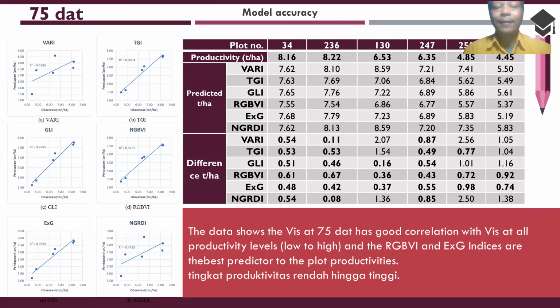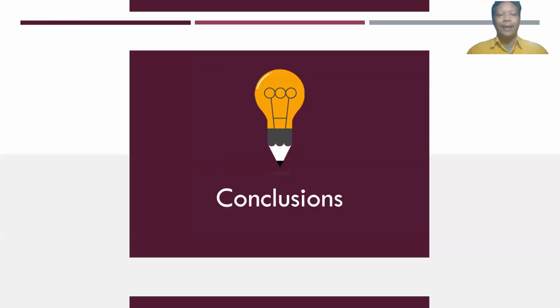And we find that at the crop age of 75 days after transplanting, the vegetation index can predict the crop productivity very well, as we've shown here: the differences between the predicted and measured crop yields are less than 1 ton per hectare for all plot categories, from low productivity, medium productivity, and high productivity.